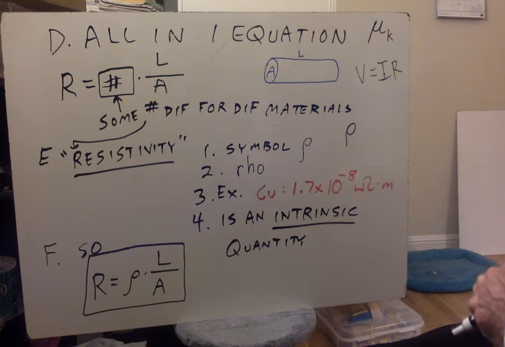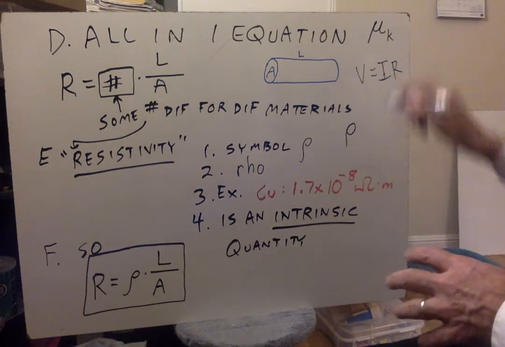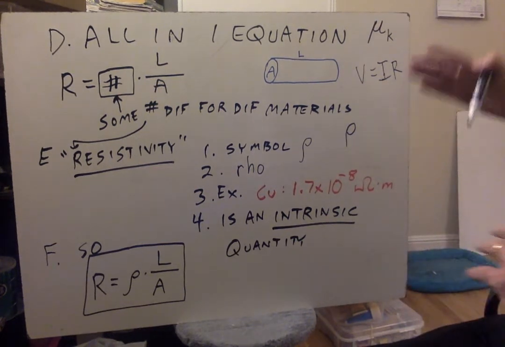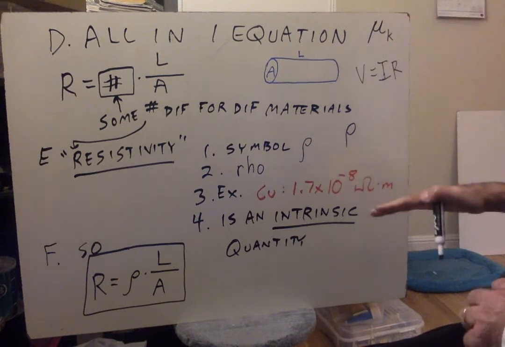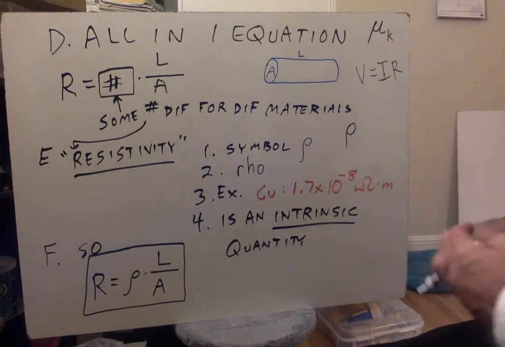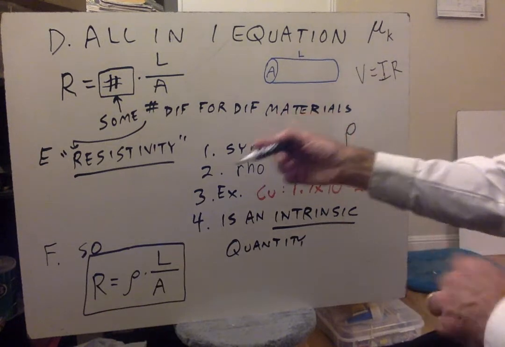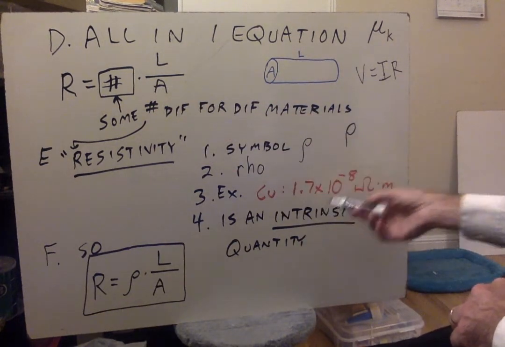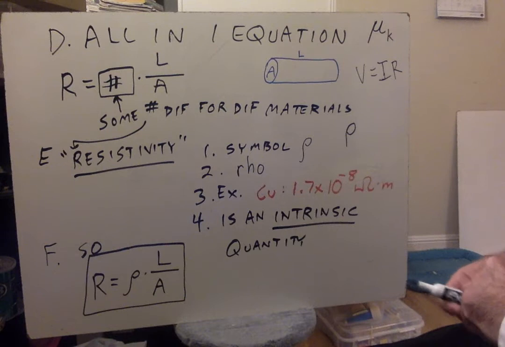The coefficient of static friction or the coefficient of kinetic friction, different for different combinations of materials, so there would be a table in your book that can be used to do problems or to calculate, to identify things, right? Same thing here. There will be a table in your book of resistivities, and you can use that to solve the homework problems.